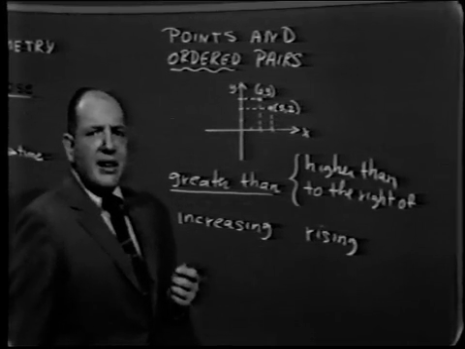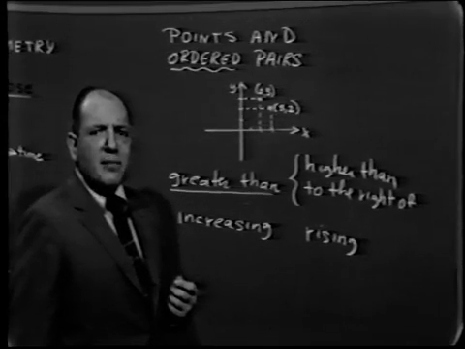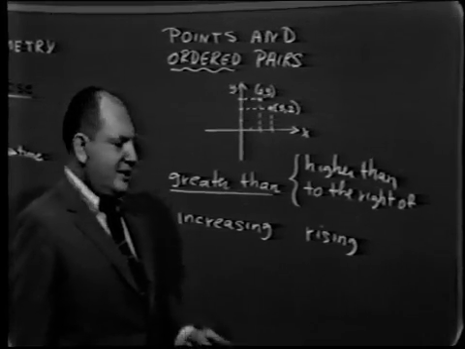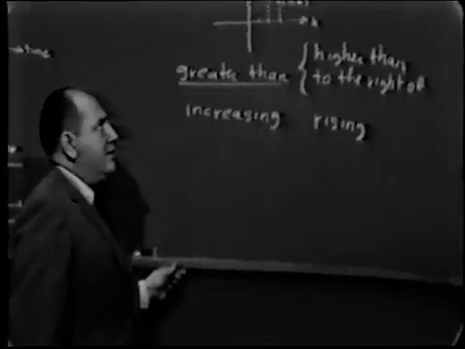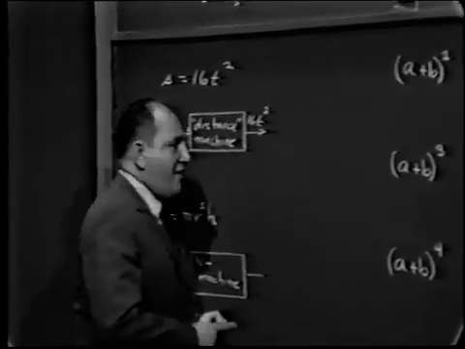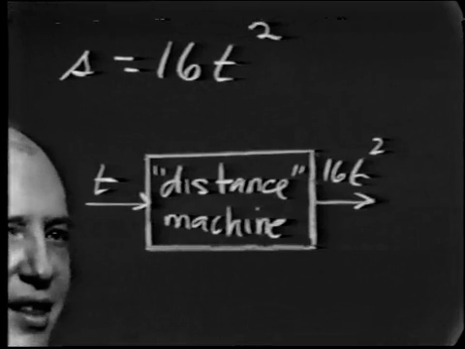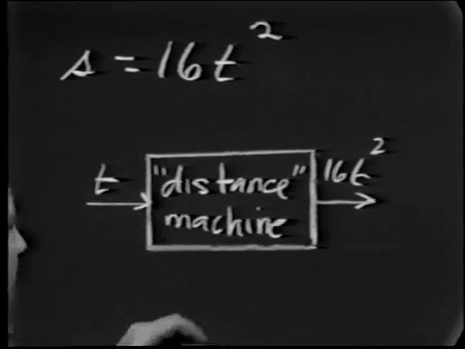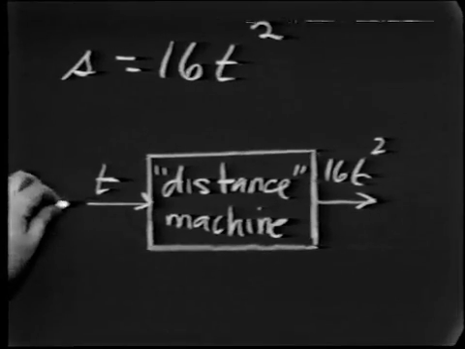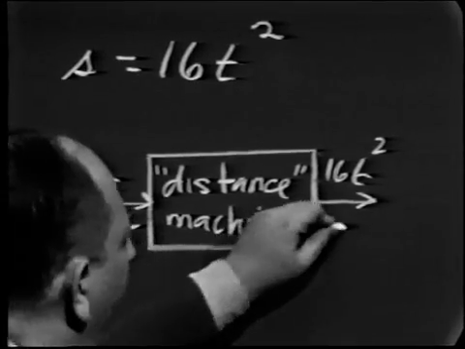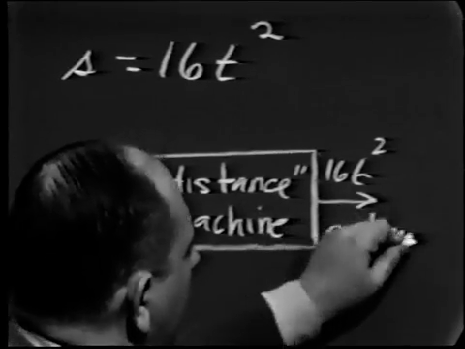At any rate, let's continue to see then what is the relationship between functions that we talked about and graphs. The idea is something like this. Let's return to our friend of the first lecture, s equals 16t squared. We can think of a distance machine being the function, where the input will be time, and the output will be what?